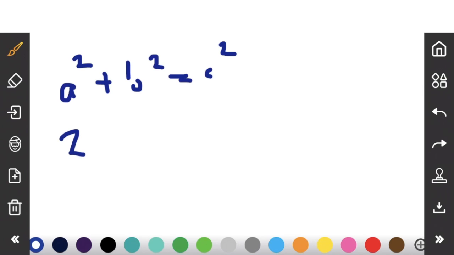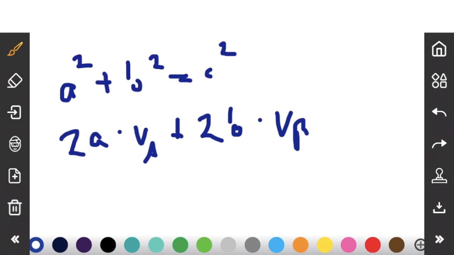So it'll be 2a times the velocity of a plus 2b times the velocity of b, and equaling 2c, and we don't know what the velocity is going to be, but it's going to be the differentiation of dc over dt, right?